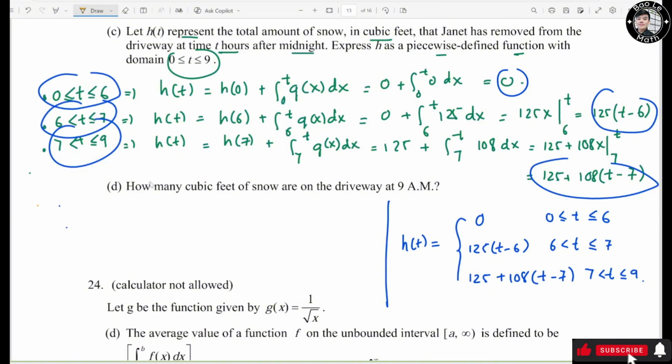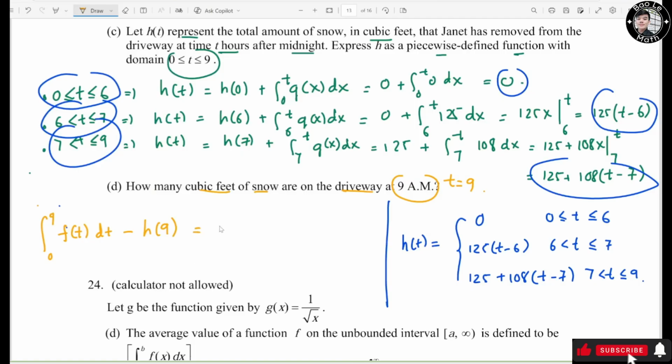Now question D. How many cubic feet of snow are on the driveway at 9 a.m., which means t equals 9, right? So you need to calculate the integral from 0 to 9 of rate in subtract rate out, right? So it could be f of t dt subtract h of 9, right?